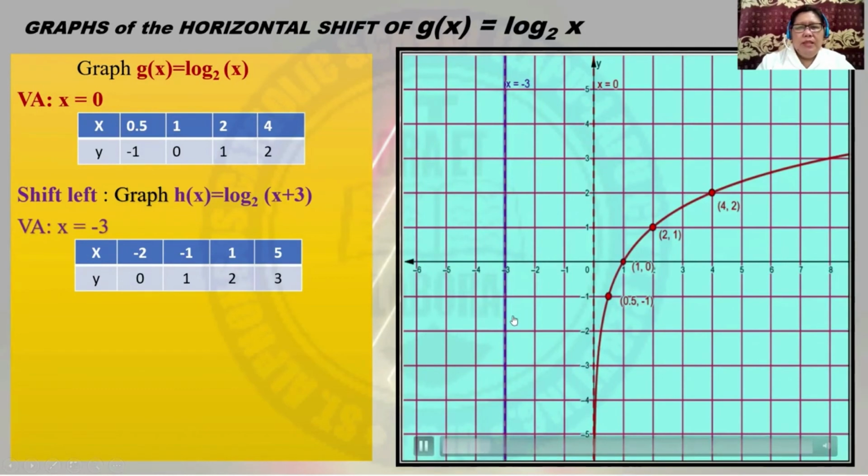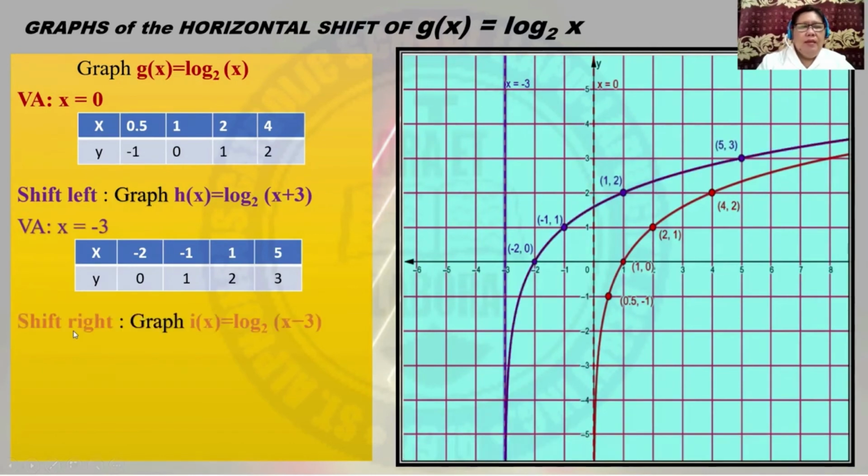For the vertical asymptote, then the first point, the coordinates negative 2, 0, negative 1, 1, 1, 2. Then you have 5, 3. And then connect.